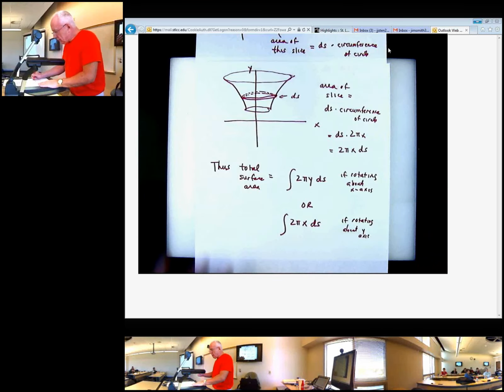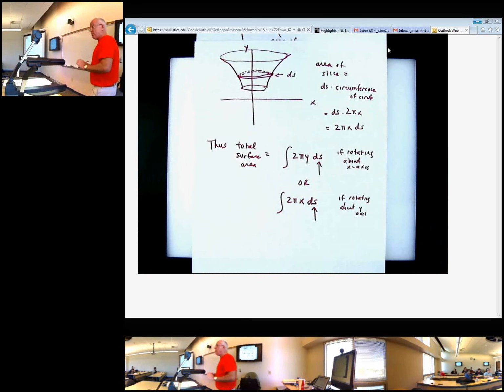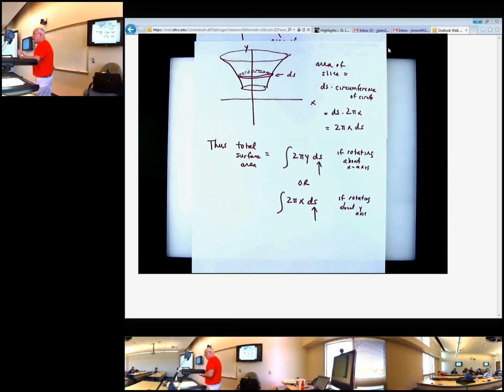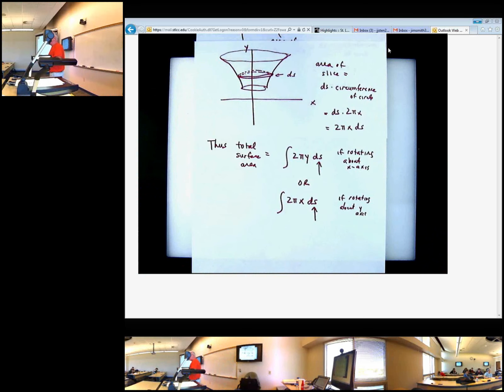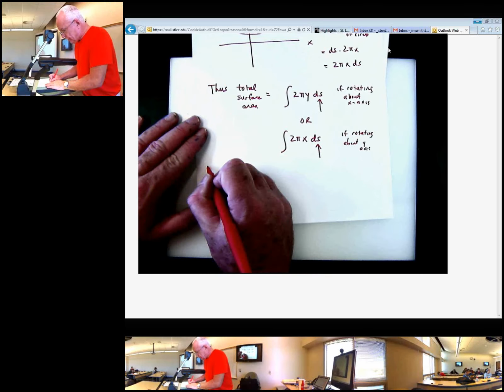Notice in both of these integrals we have ds. Now, in the previous section, section 8.1, we developed 2 formulas for ds.